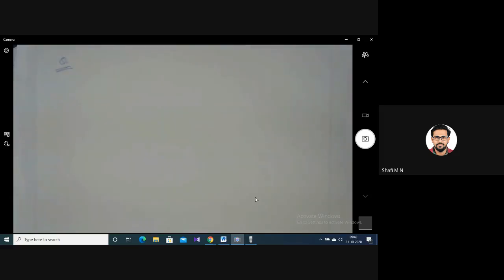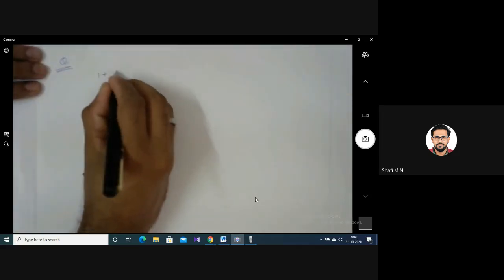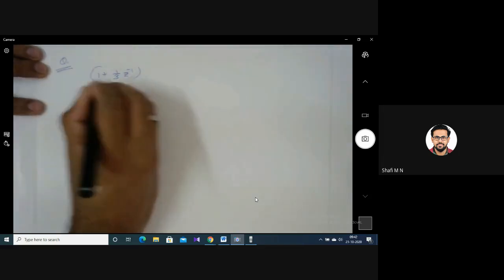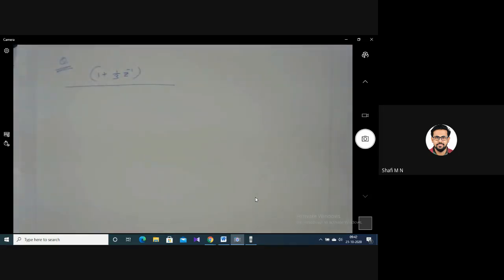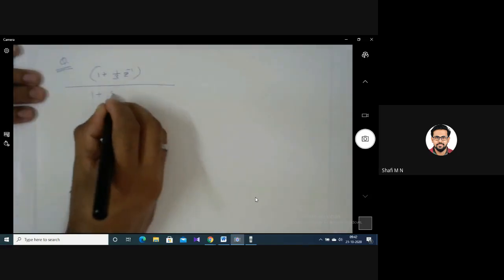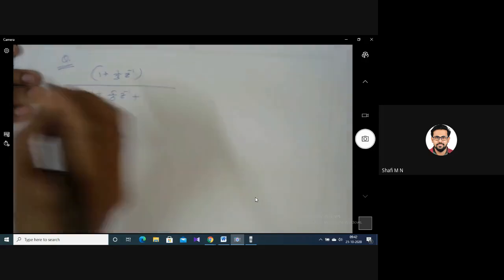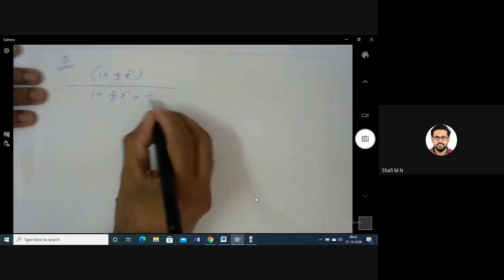That can be 1 plus 1 by 3 z raised to minus 1, divided by 1 plus 5 by 6 z raised to minus 1 plus 1 by 6 z raised to minus 2.